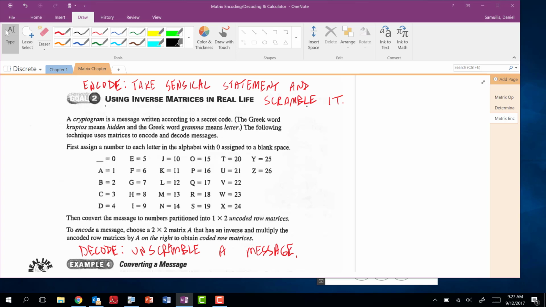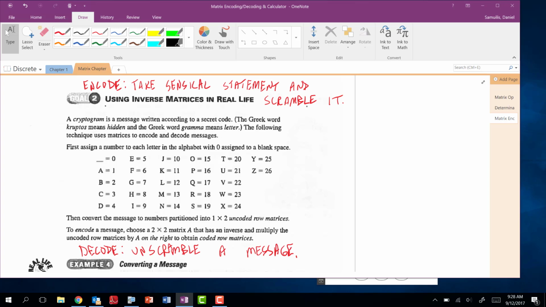And then the two words for the day are encode and decode. And I remember students, or encrypt and decrypt, it's the same thing. And we got to know what those meanings are. So encode means to take a sensical statement, something that I understand, I can read, and scramble it and turn it into a secret message.